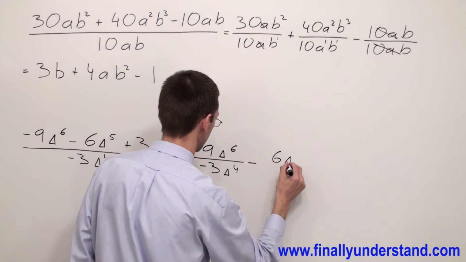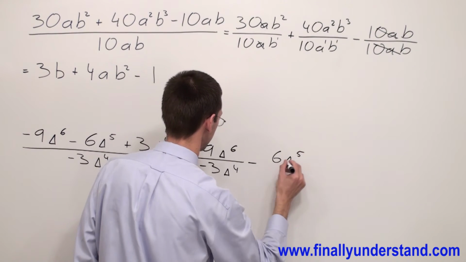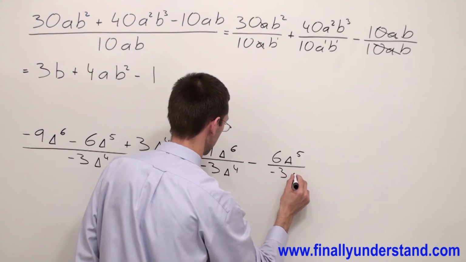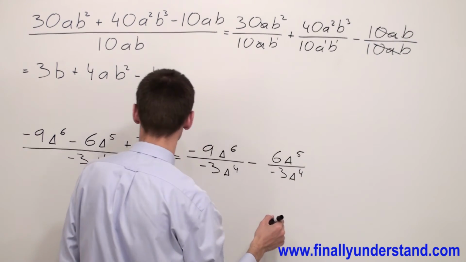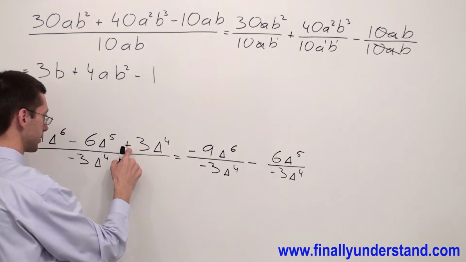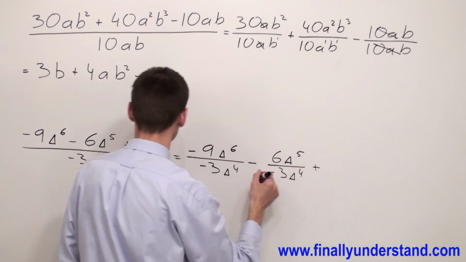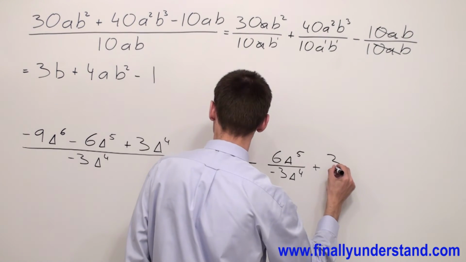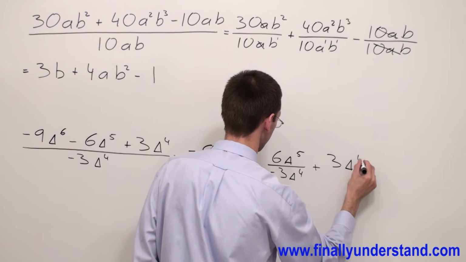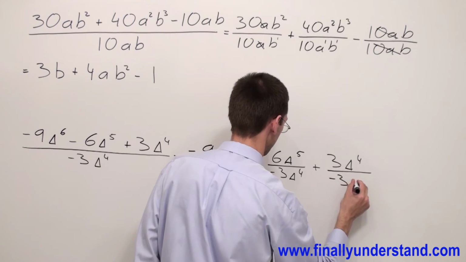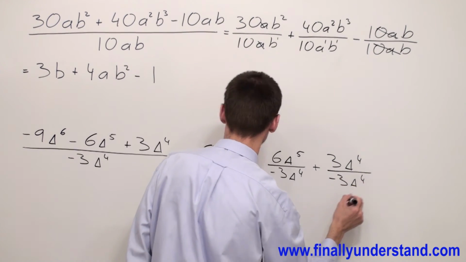I have 6 delta to the fifth divided by negative 3 delta to the fourth. Plus, I have to copy down this sign, 3 delta 4 over negative 3 delta 4.